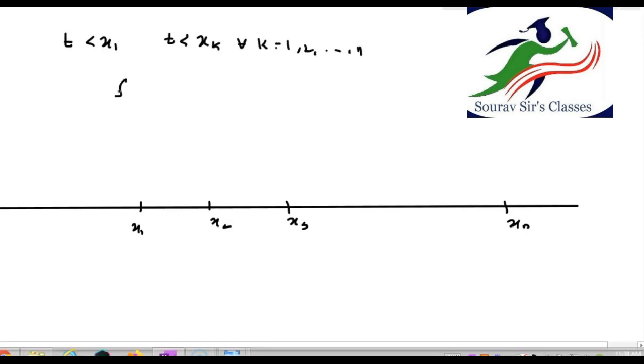Hence the value of fk(t) is equal to 0 for all k. So this element (0, 0, dot, 0) belongs to the set A.